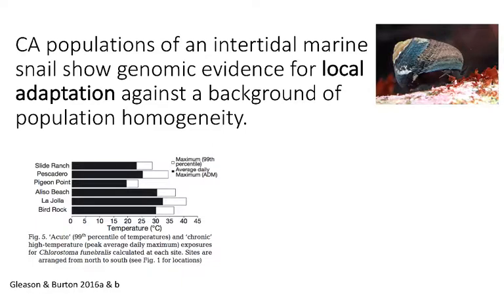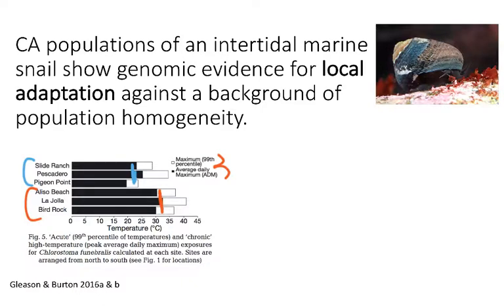So this graph I'm showing on the left, these are 3 Northern California sites and 3 Southern California sites. And if we look at either the maximum temperature recorded in those sites or the average daily maximum temperature, in general, the northern populations see much lower maximum temperatures compared to the southern populations.